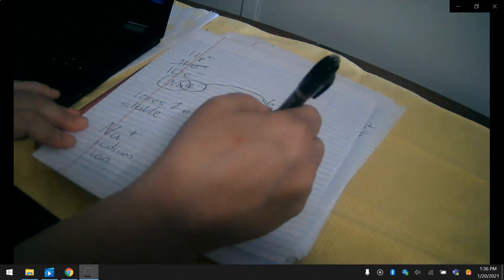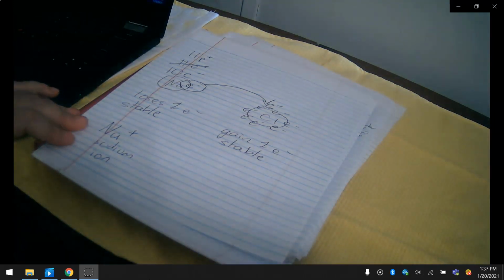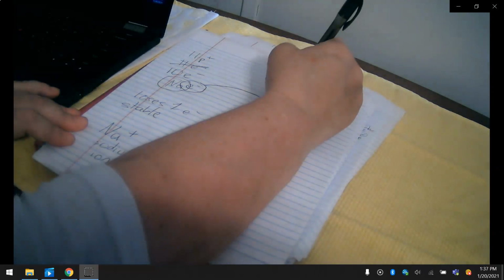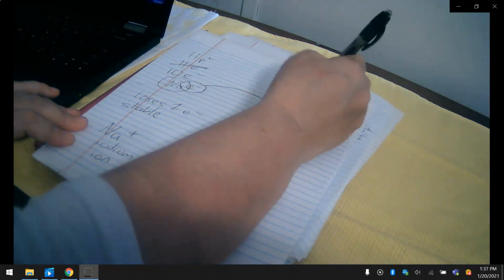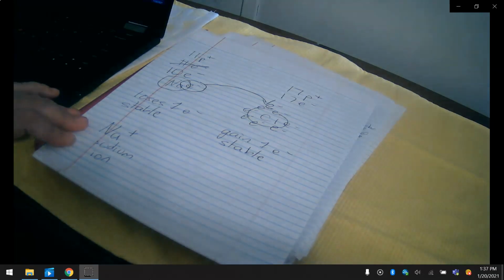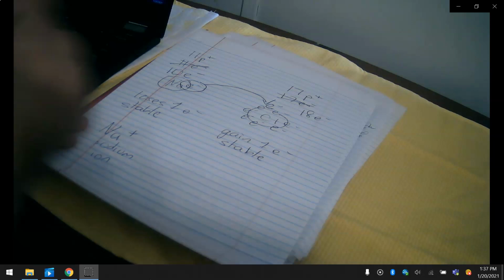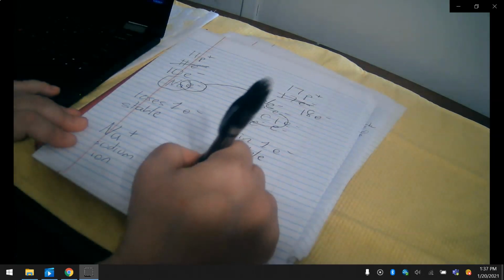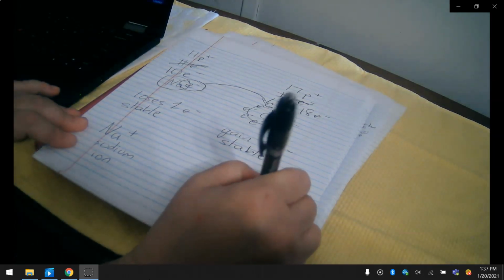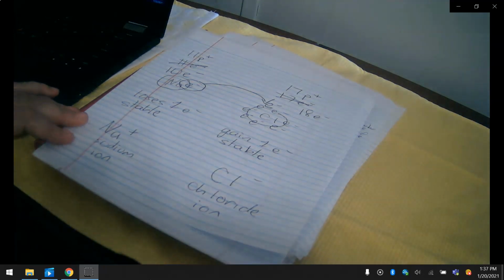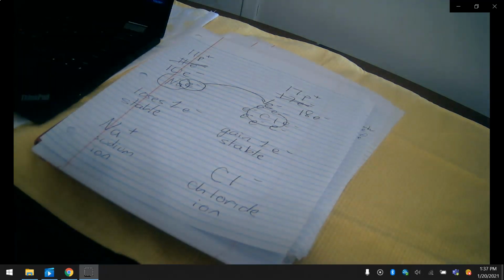And then here, since chlorine is gaining an electron, it's going to go from having 17 protons and 17 electrons to having 18 electrons. That will give it 1 more negative charge. So we call this now the chloride ion. And because opposite charges attract, the sodium ion and the chloride ion will be attracted to each other, and they will form what is called an ionic bond.